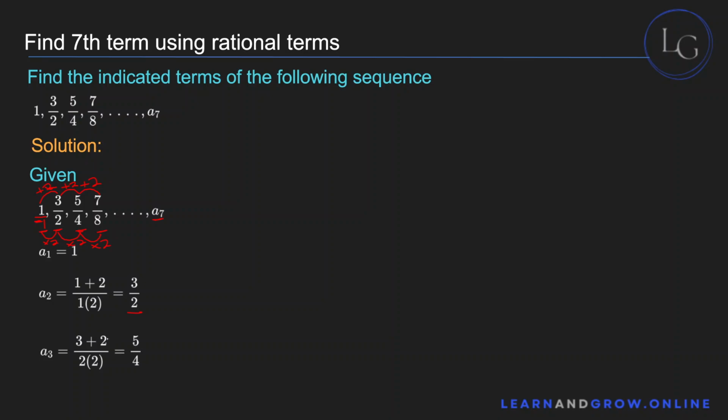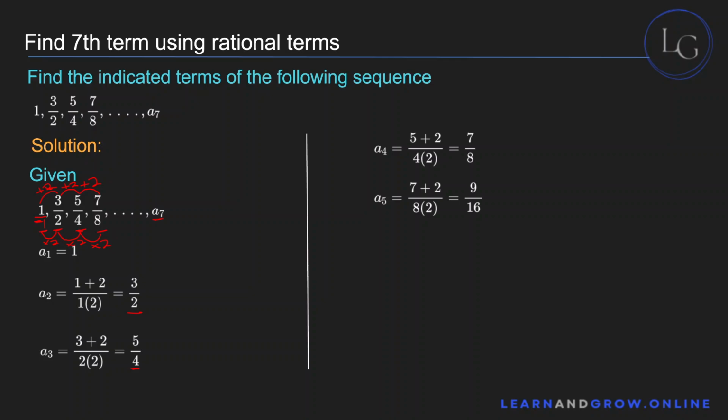So for A3, 3 will be added with 2, and the 2 in the denominator will be multiplied by 2. And now we have A4. The numerator 5 in A3 will have 2 added to it, and the 4 in the denominator will be multiplied by 2.